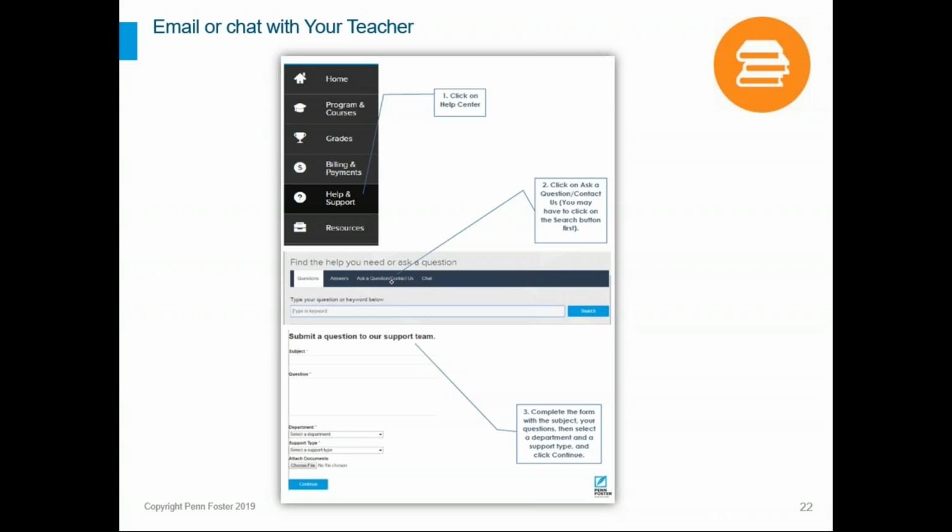If you want to send an email, you want to click on contact us. That will open up the email form that you see here. Write the subject, the title of the email, the content, the question, be specific, which discover more question, which lesson, and so on, and just continue. If you want to do a live chat, you click on chat, and if you're clicking on that between 9 to 6, you will have someone to assist you.